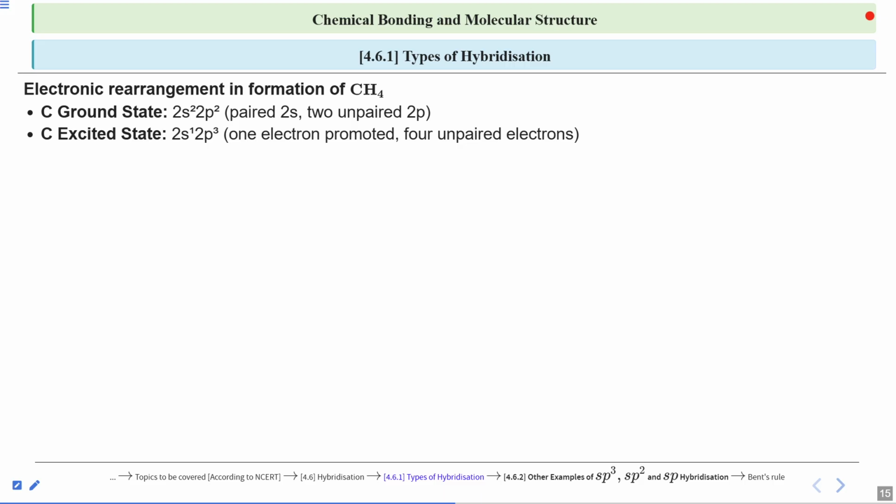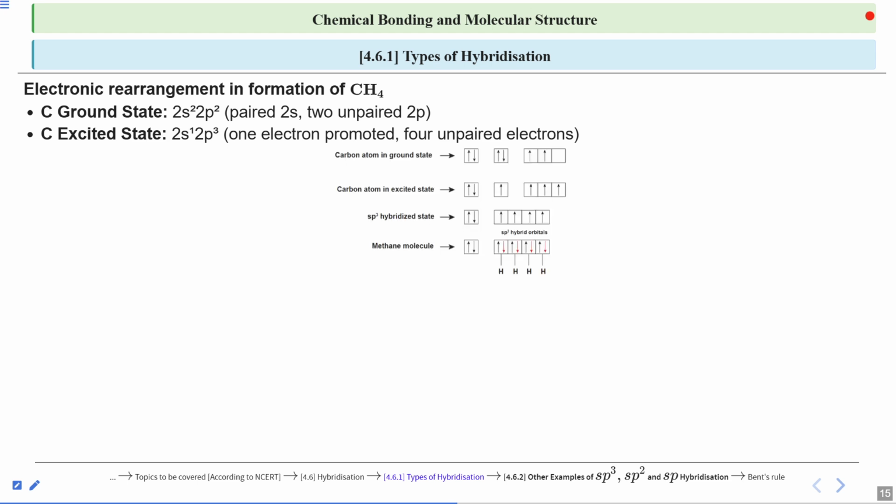There will be one electron promotion, and this will result in 3 electrons in the p. So 1 in the s and 3 in the p. So in total there are 4 unpaired electrons.